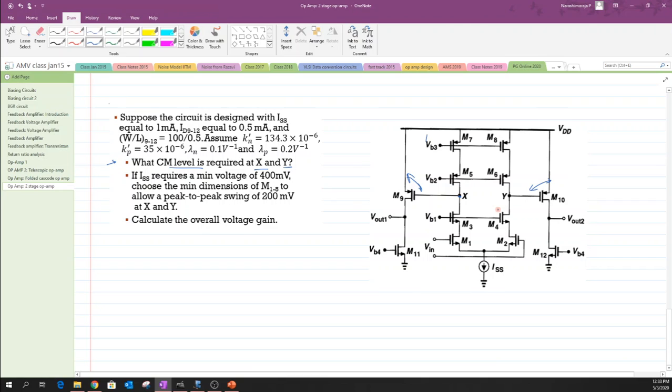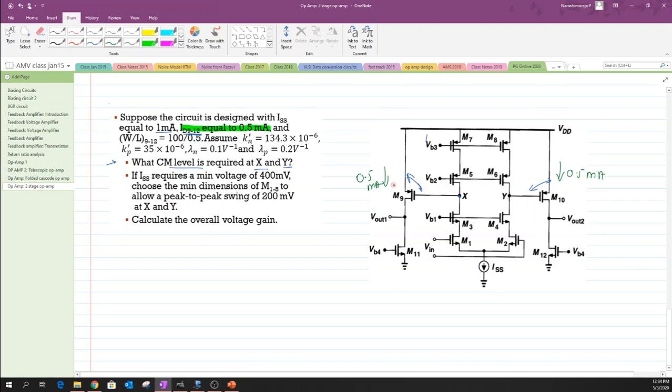Since it is clearly given that the output stage carries the current ID, you find that the current flowing through these structures is 0.5 milliamperes across both these branches.